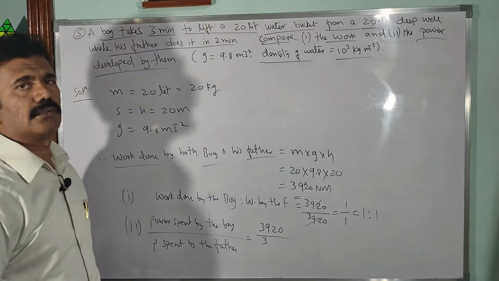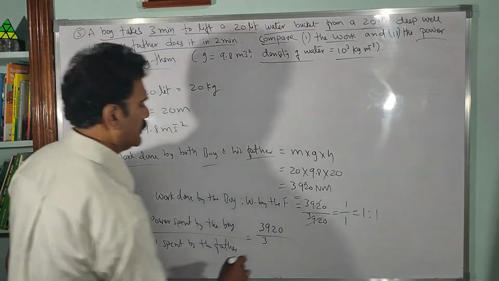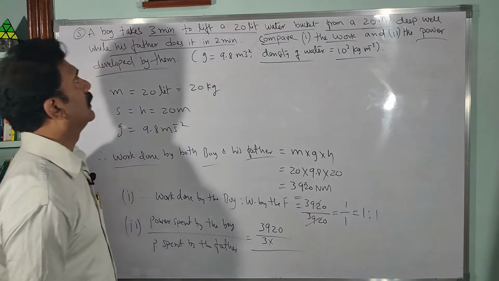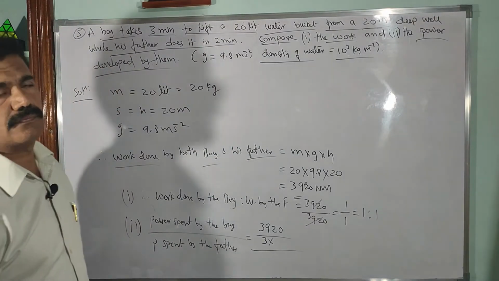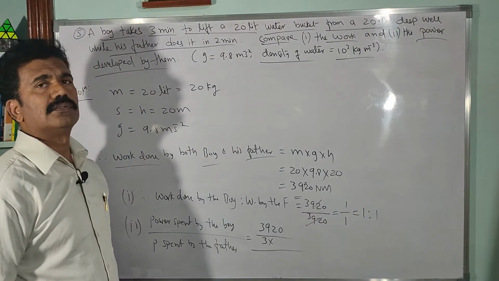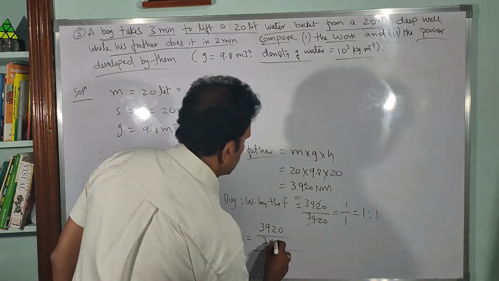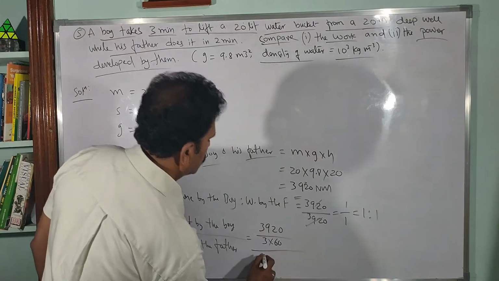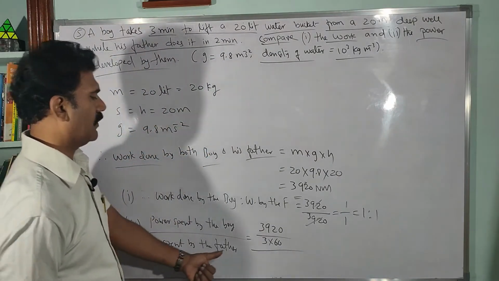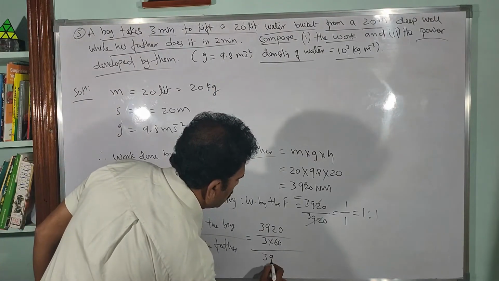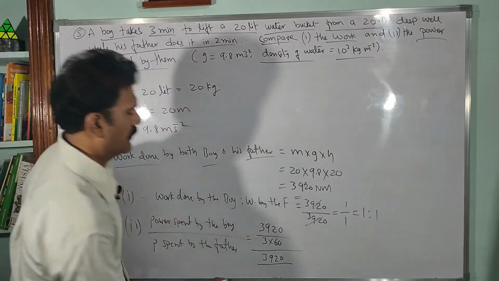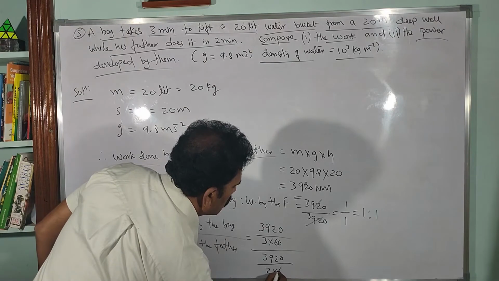So you need to convert it to seconds. So 3 into how much is it? How do you convert minutes to seconds? 1 minute is equal to 60 seconds, so you have to multiply by 60. So divided by 3 into 60. Again, power spent by the father: work done is the same, 3920 divided by, but the time taken is only 2 minutes, so that is 2 into 60.